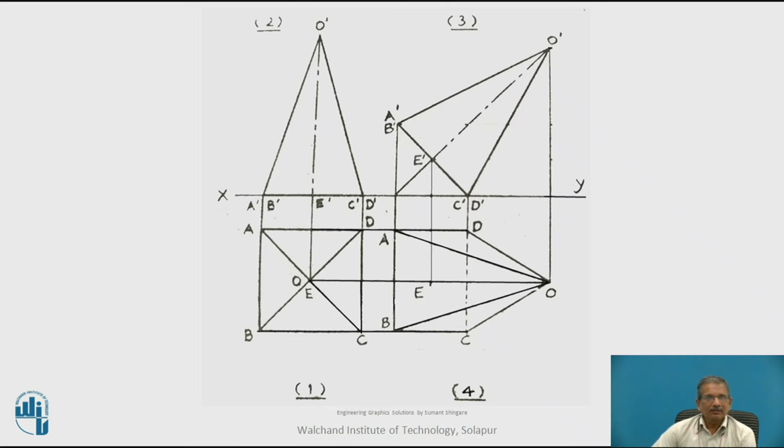So redraw the triangular front view such that C dash D dash will be resting on the XY line, and the axis will be making 45 degrees to the XY line.